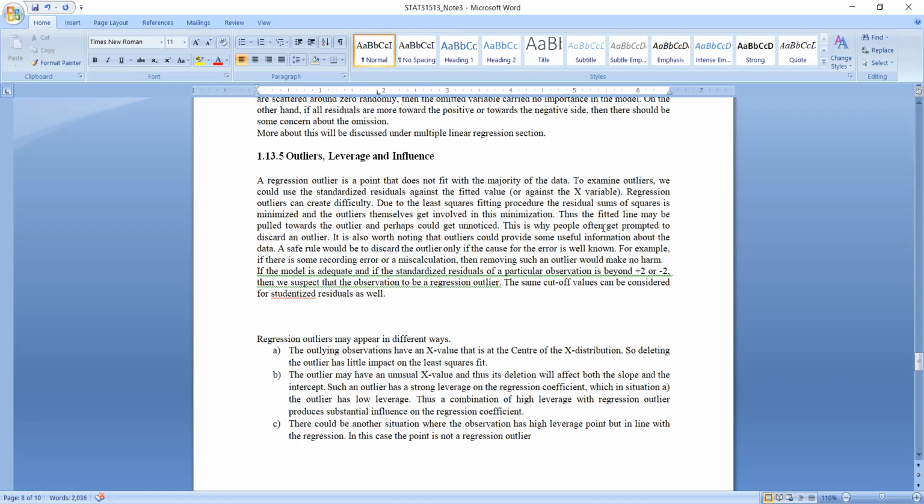But what happens in simple linear regression is, since we are using the least square method, if you can remember, in the least square method, we are trying to minimize the error as much as possible, and then we come up with the two parameters, beta naught and beta 1.